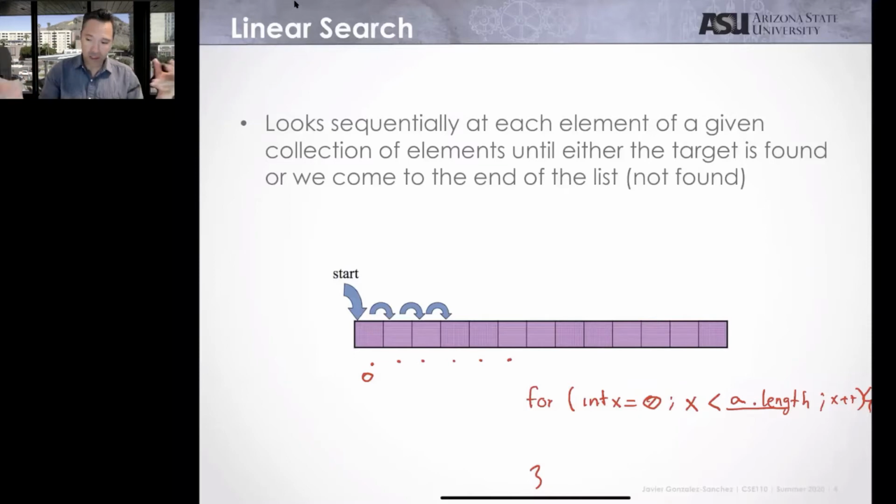Could you agree that we need to put the break inside of some kind of condition? The condition is going to be something like the array in a particular position, that could be X, the loop, equal to whatever I am searching for.